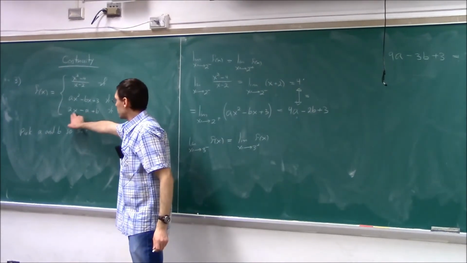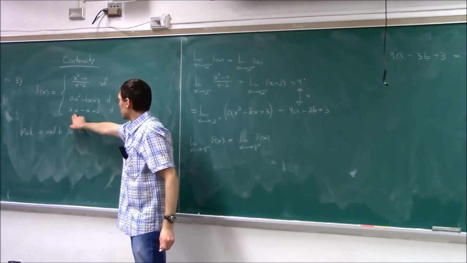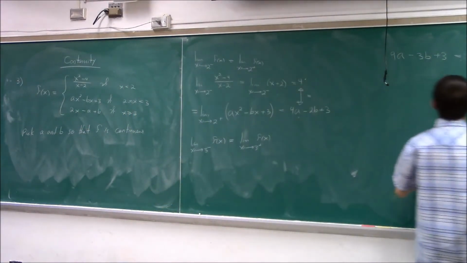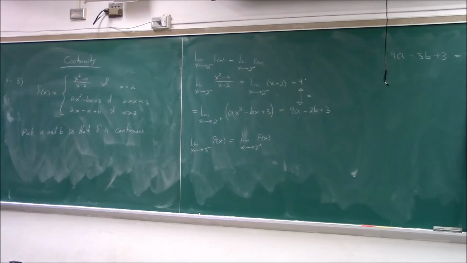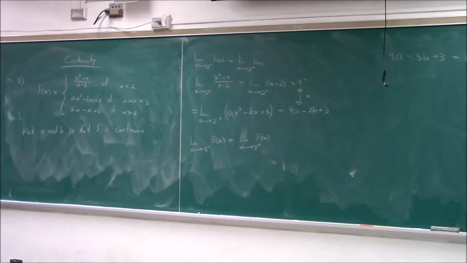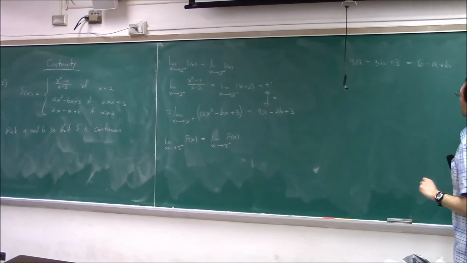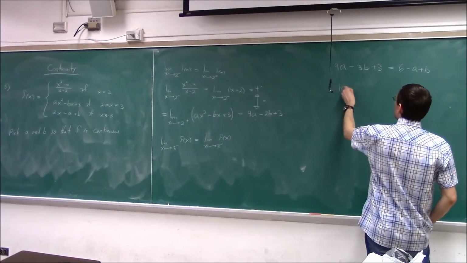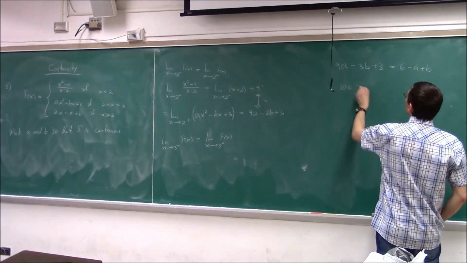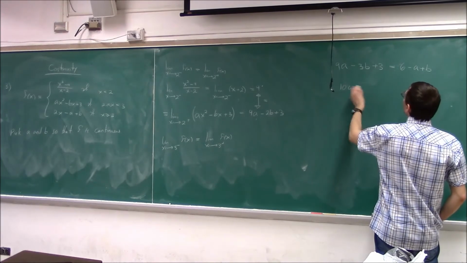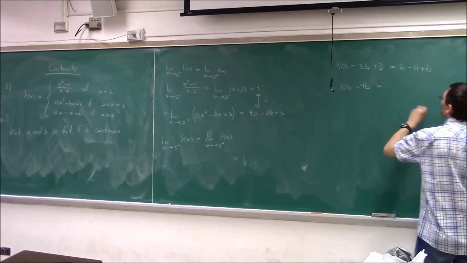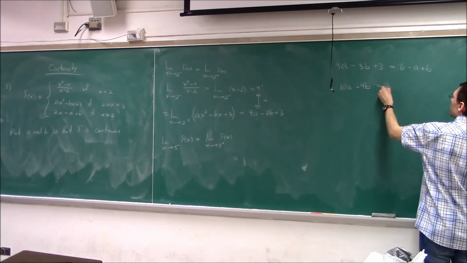That would be equal to 2 times 3, 6, minus a plus b. So rearranging, we have that 10a minus 4b should be equal to 6 minus 3, or 3.